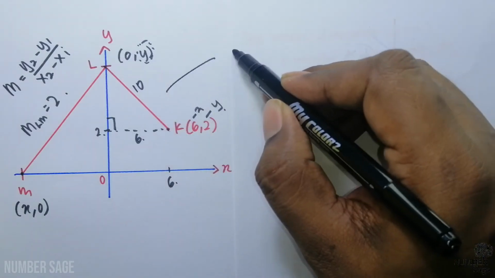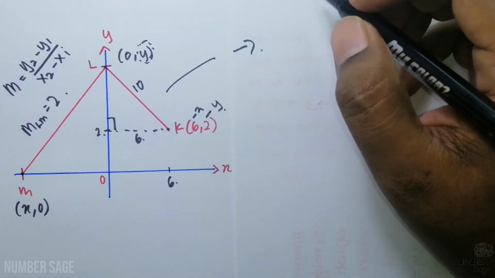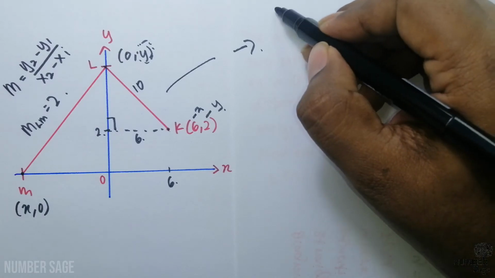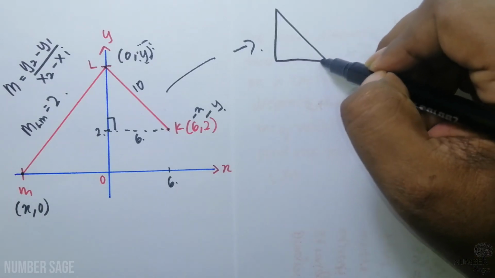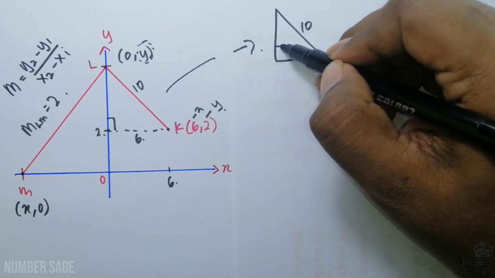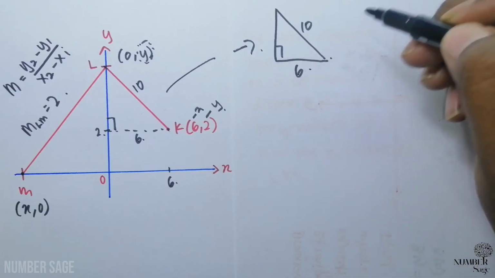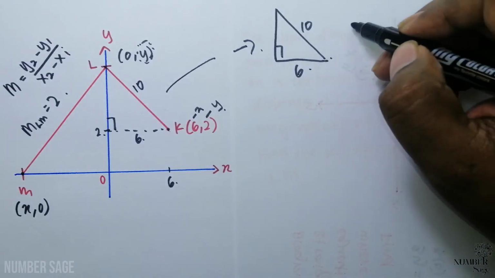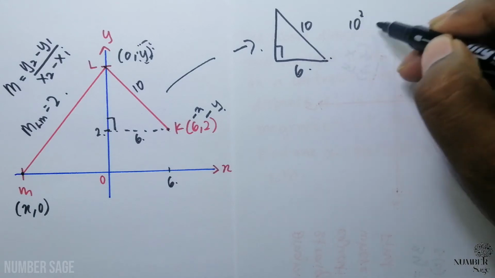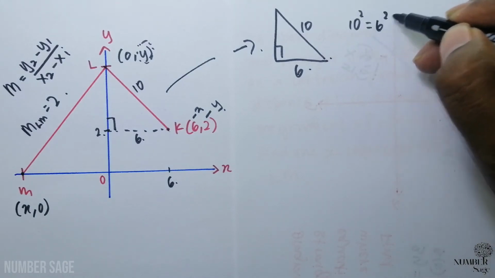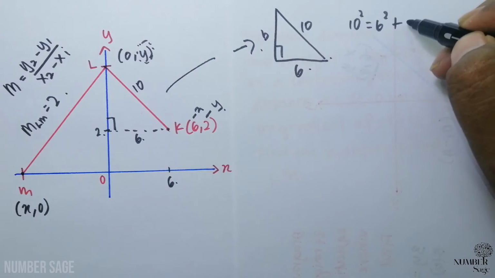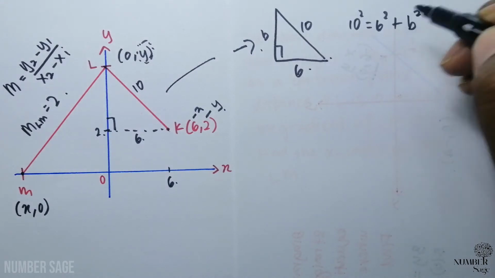First, let's derive the other side of the triangle. So we have this triangle. This is 10, this is the right angle, this one side is 6. Further solving will give us 10 squared is equal to 6 squared plus, let's call this b squared.